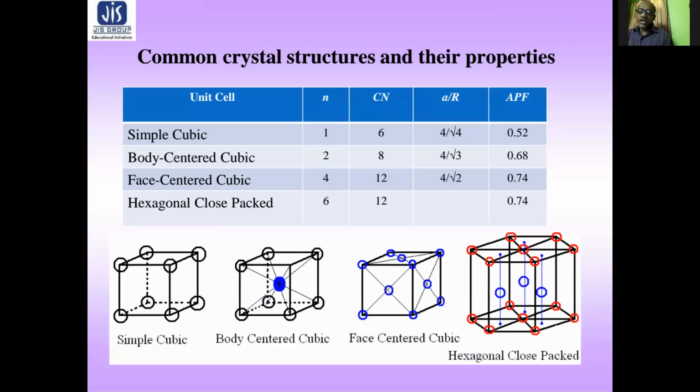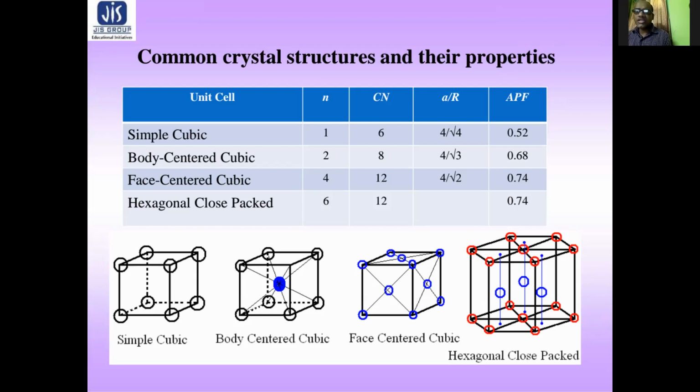So in this figure, we have common crystal structures and their properties. In a simple cubic structure, n is 1, Cn is 6, and the relation of a to r is 2, and APF is calculated as 0.52.